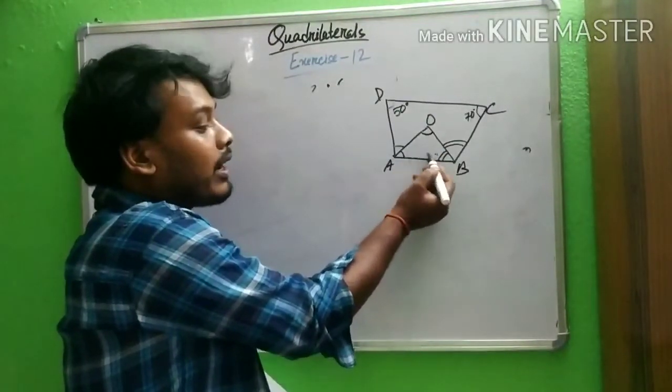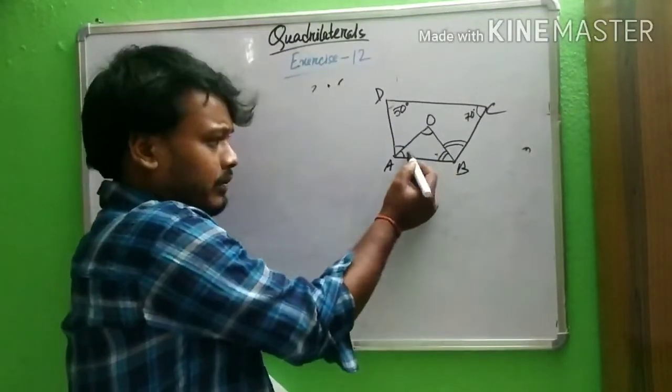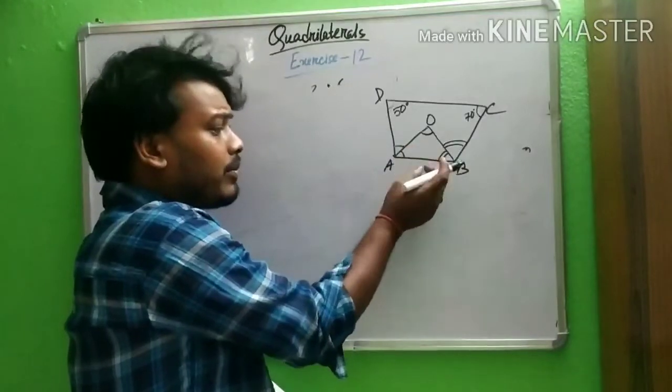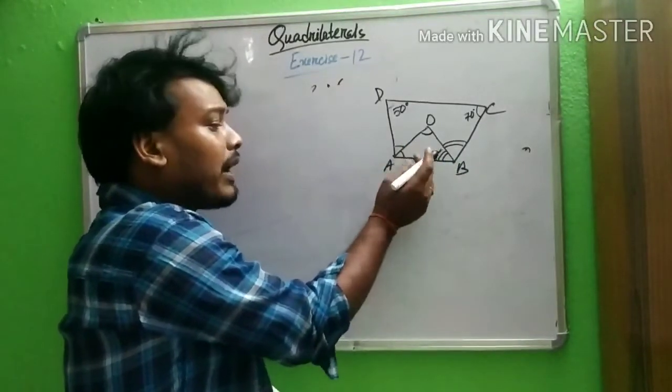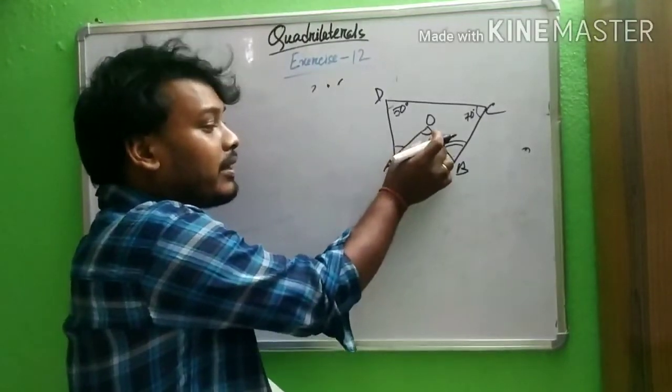If the value of two angles or the sum of these two angles is given, or if we find the sum of these two angles, then it is very easy.